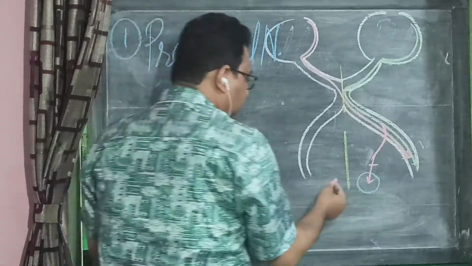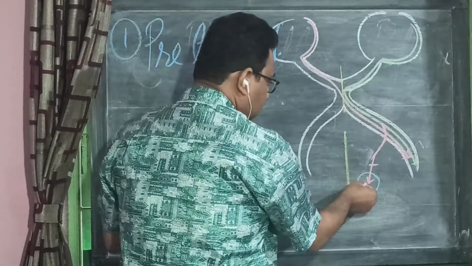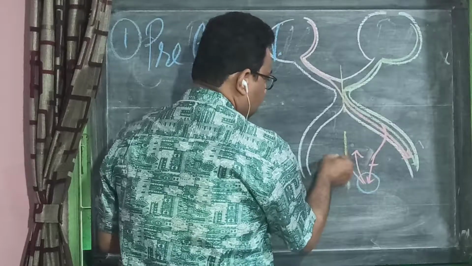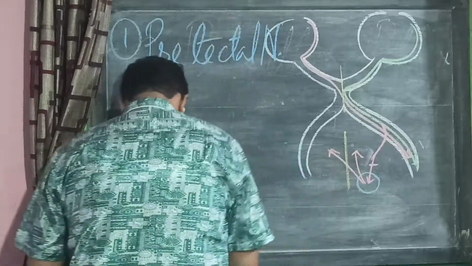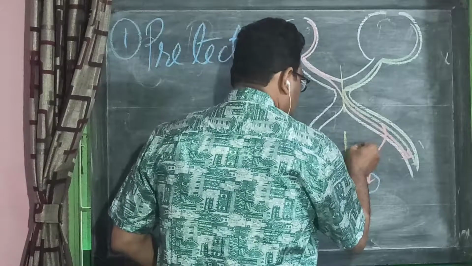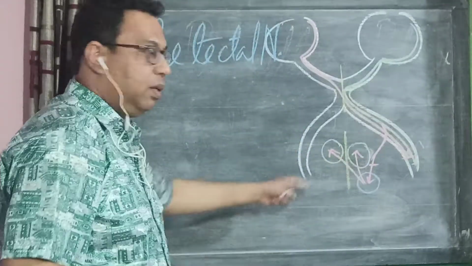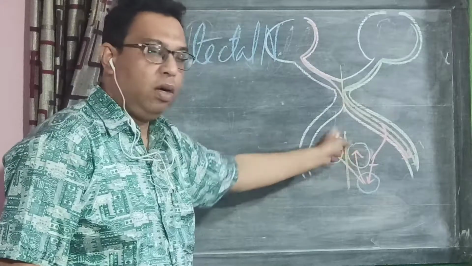Now this nucleus of the pretectum will supply the Edinger-Westphal nuclei on both sides.